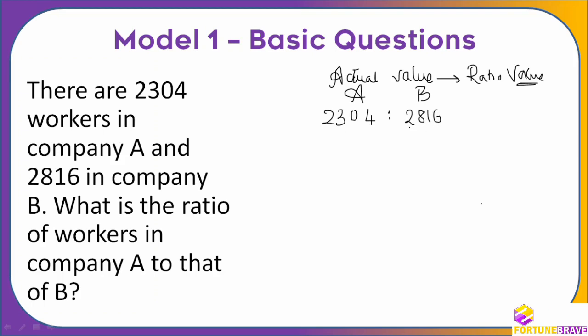Not possible. If it is not divisible by 3, then it is not. So we'll start with 4. You can find out because there is a lot of difference. How much? 512 is the difference. Finding the factors of 512 is very difficult.